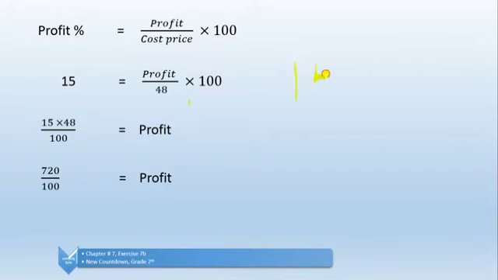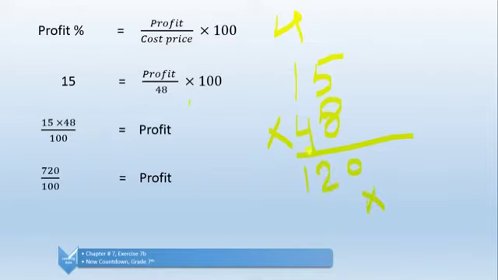Let's see how we multiplied 15 with 48. 5 times 8 equals 40. 1 times 8 equals 8 plus 4, 12, 120. 5 times 4 equals 20. 1 times 4 equals 4, 5, 6.